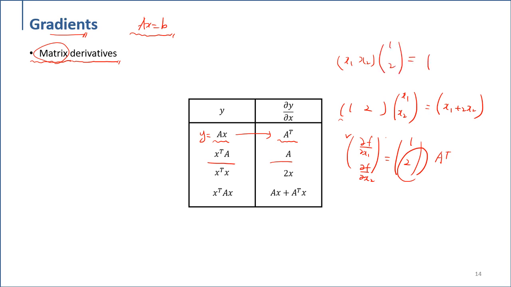Then in this case, we also have x1 + 2x2, and by calculating its partial derivative, we get the same form of A. So by calculating its derivative, we get the same form of A.